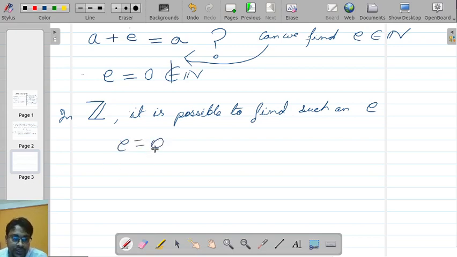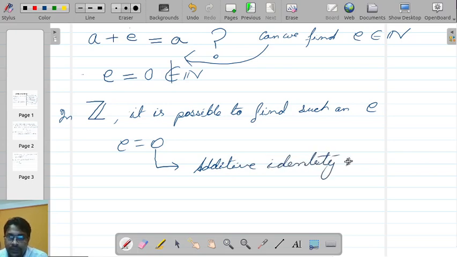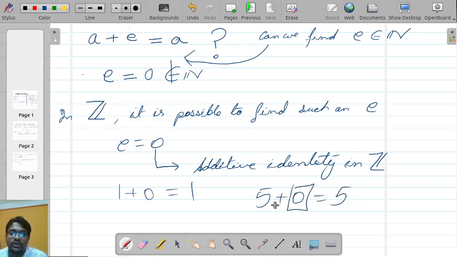So this 0, we call this element the additive identity in Z. Any number added with 0 gives the number itself. 5 plus 0 will give you 5. So this element 0 is called the additive identity.